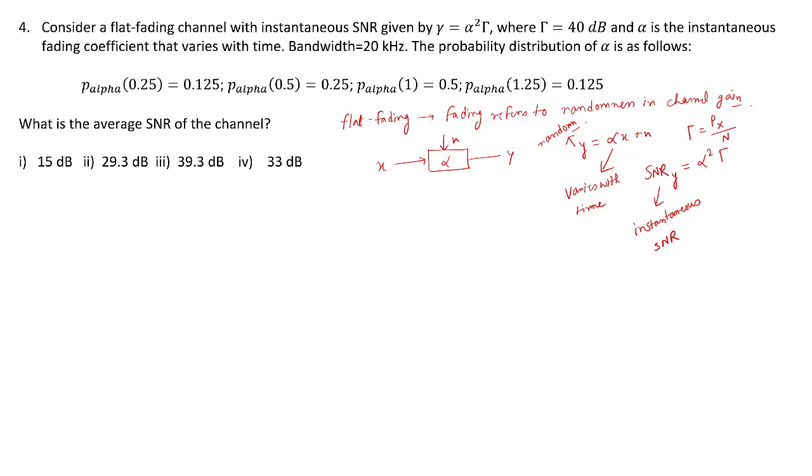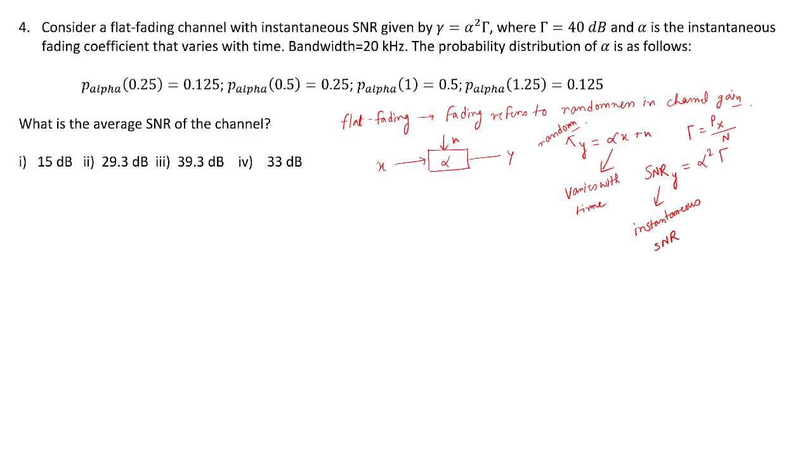You can see it as a case of temporal randomness, that is, it becomes random in time. That's where the instantaneous SNR concept has been introduced. Instantaneous SNR refers to SNR at a particular time instant, which is different from average SNR, which is what you get by performing expectation of this instantaneous SNR.